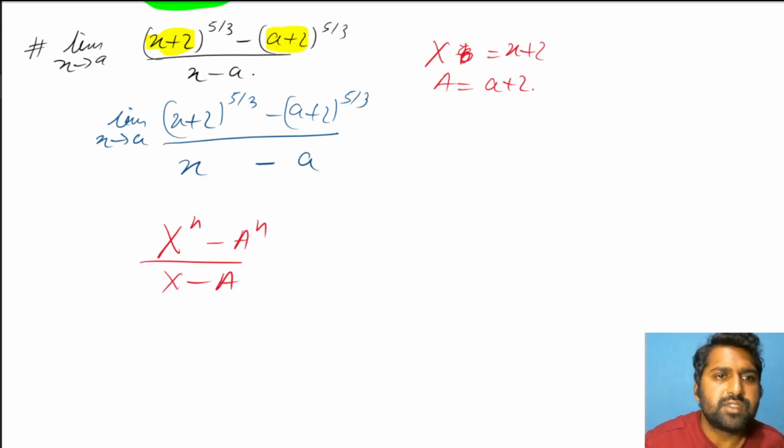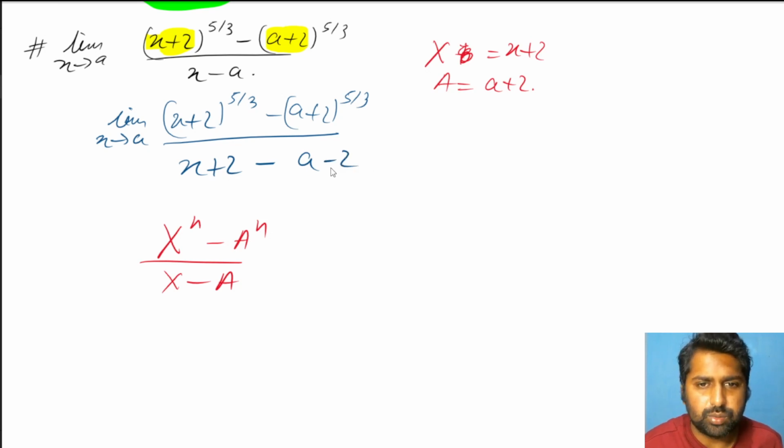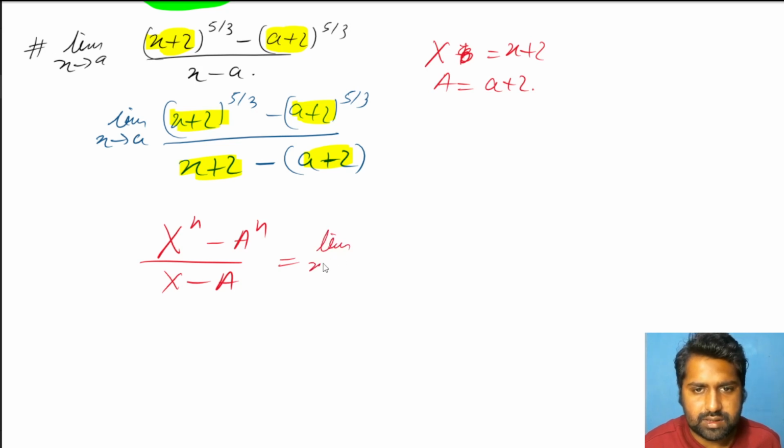So what I'm doing is adding 2. If I am adding 2, I have to subtract 2, and if I take negative common from these two, it becomes a plus 2. And now you can see they are matching these expressions. Capital X is x plus 2, capital A is a plus 2. So as per the formula, this will become n into A raised to power n minus 1.